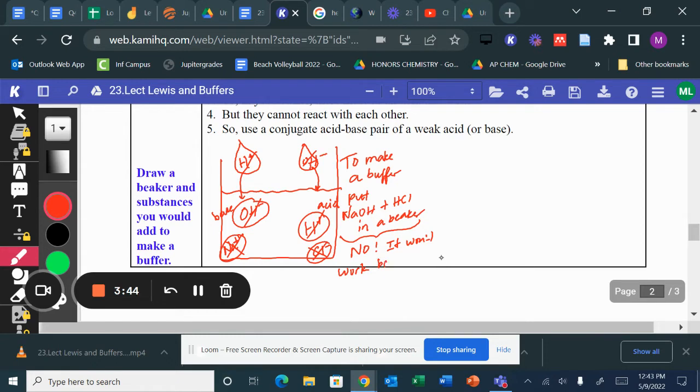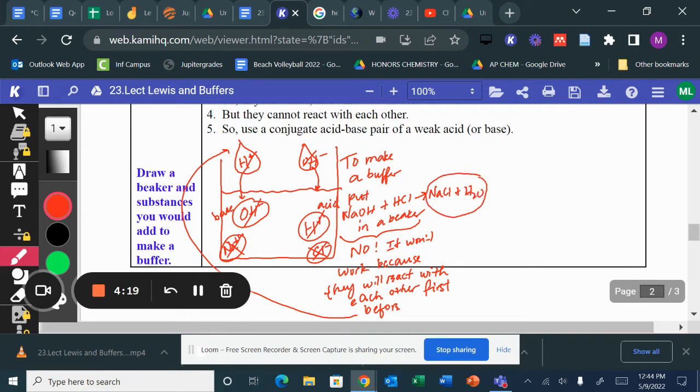It won't work because they will react with each other first, even before you add anything else. If you put NaOH and HCl, what do you really have? You're going to have salty water. Will salty water act as a buffer? Water will not act as a buffer. As soon as you add the OH-, the pH will go up.